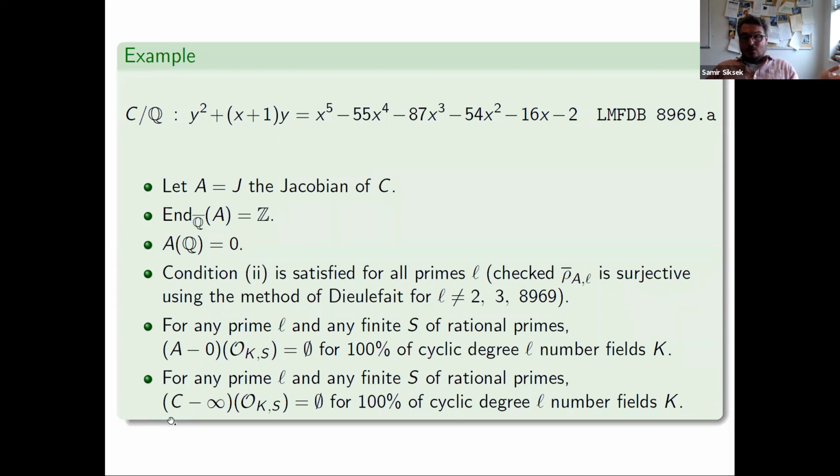And also for the punctured curve: the curve has a rational point at infinity. If you puncture the curve at infinity, you have the same conclusion for the same set of number fields.